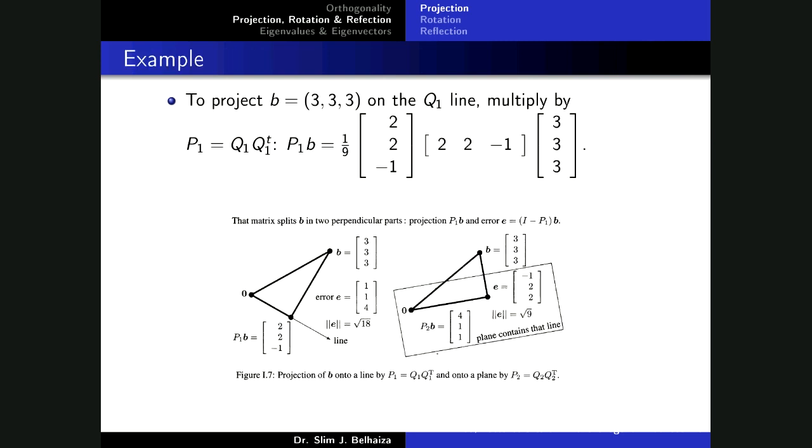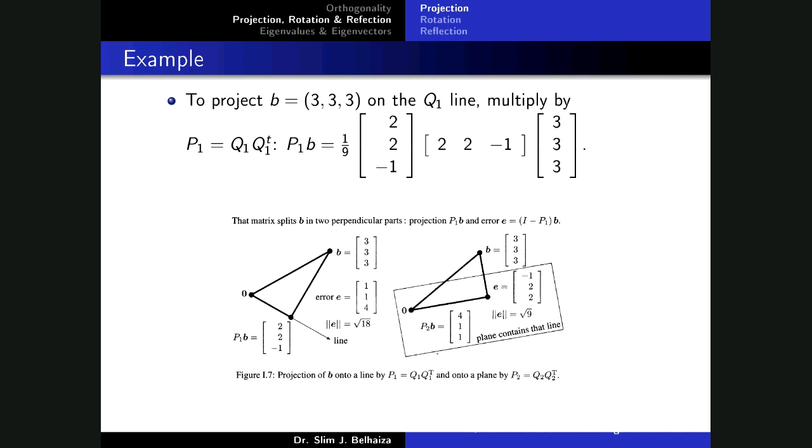So here we're talking about projection. We consider that we have this vector B, 3, 3, 3, and we are projecting it on the Q1 line. So we multiply it by the matrix obtained from Q1 by performing the product of Q1 with Q1 transpose. Okay. So we obtain 1/9, which is the P1 matrix.